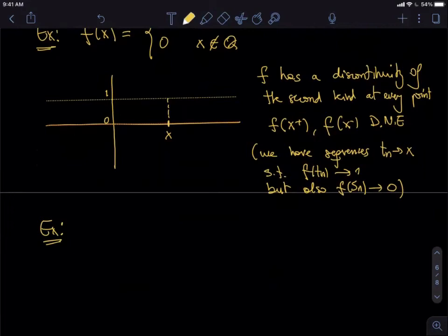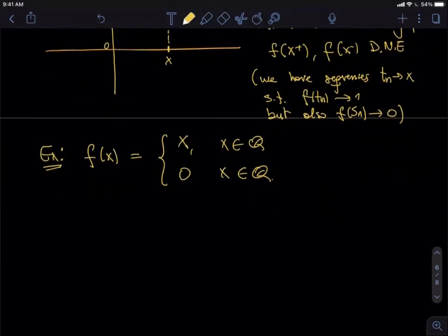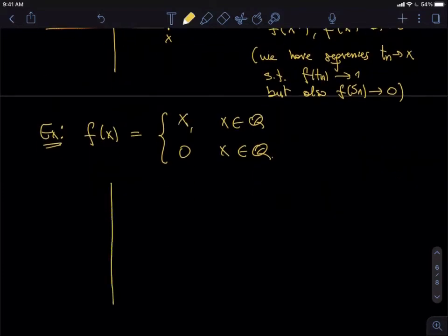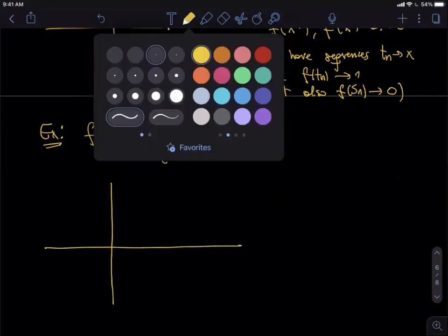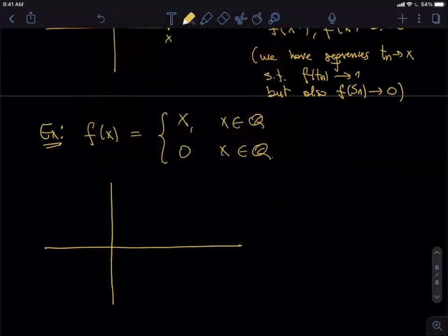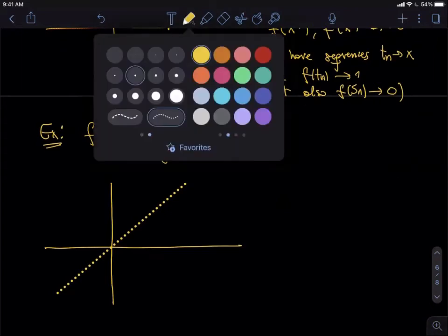We can even tweak a little bit this example and say, well, let's make it x if x is a rational number, and let's make it 0 if x is irrational. Okay, in this case, the function, again, is going to look like f of x equals x.